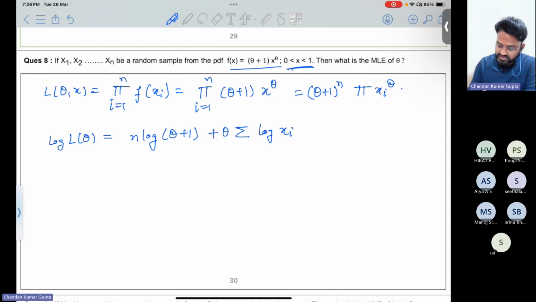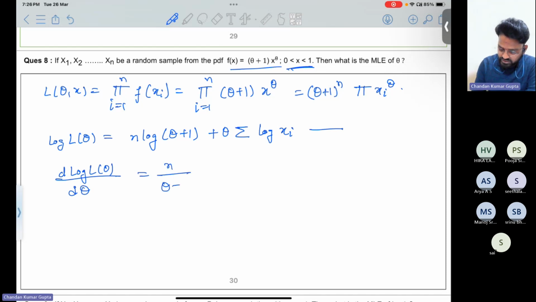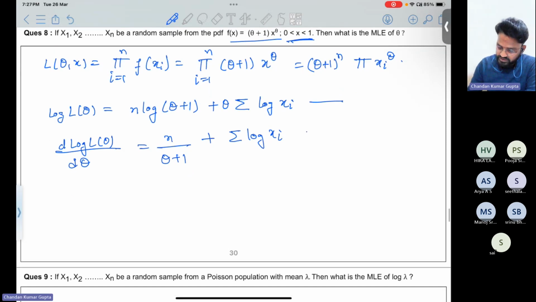Now differentiate with respect to theta. We get n upon (theta plus 1) plus the summation of log of xi, and equate it to 0.